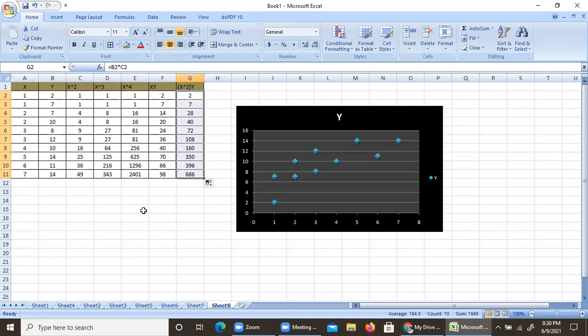So all the column values have been calculated in this manner. I can also help you find the summation of these columns.